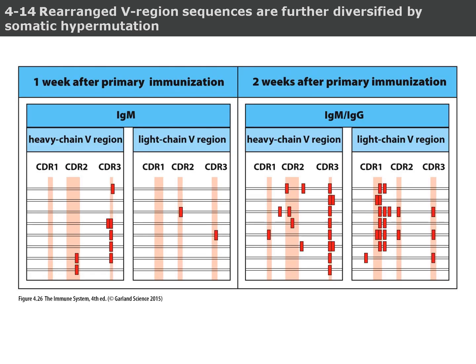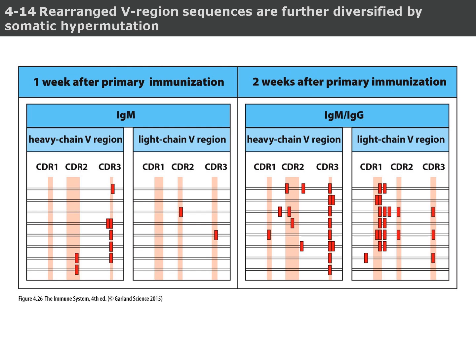This figure compares the accumulation of mutations in the antigen-binding regions of antibodies 1 week and 2 weeks after primary immunization. On the left, we see the sequences from both heavy chain and light chain variable regions 1 week after immunization. At this early stage, there are relatively few mutations, and most antibodies are of the immunoglobulin M class.